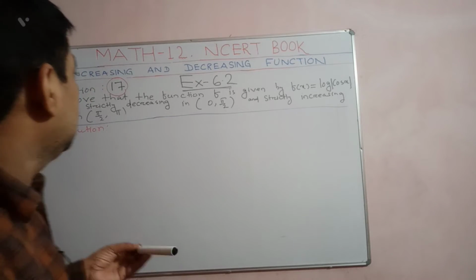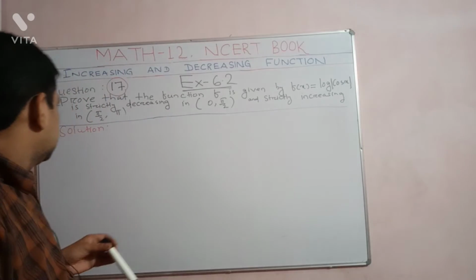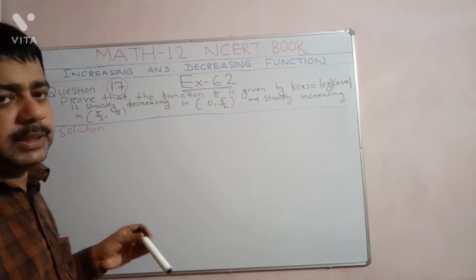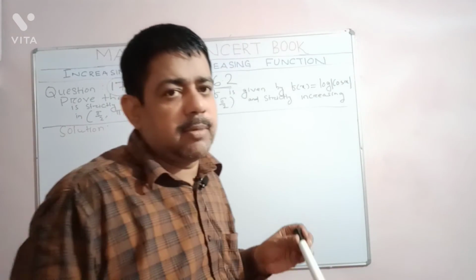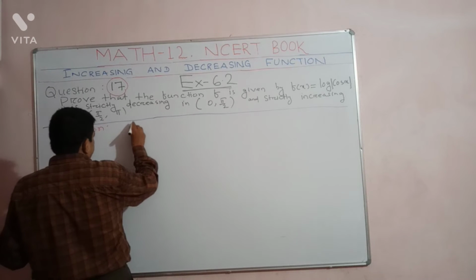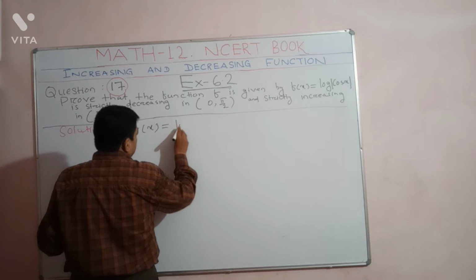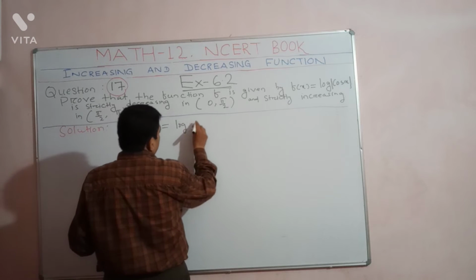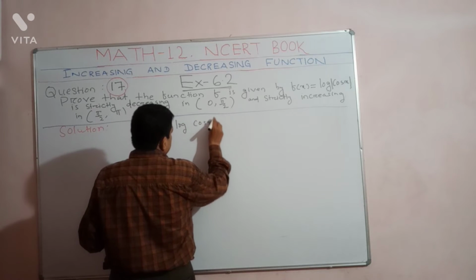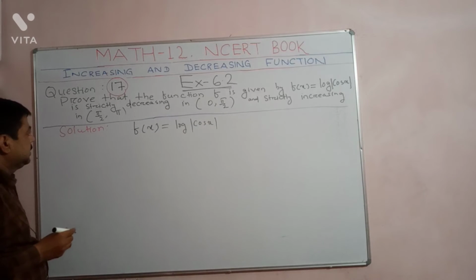It means when the angle lies in the first quadrant, and is strictly decreasing in the interval pi by 2 to pi. It means when the angle lies in the second quadrant. Okay, and here the function is given that f(x) is equal to log modulus of cos x. Understand or not? Okay, is it clear?